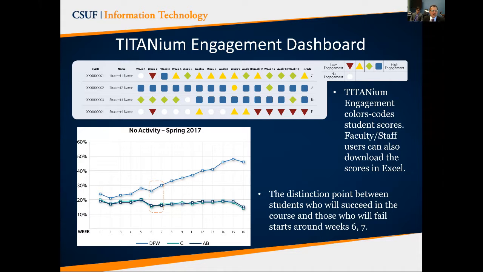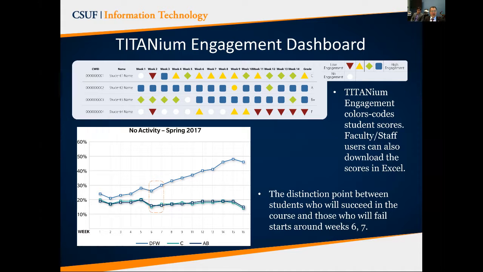That means the student did not log in during the first week. The student logged in on the second week, but it was red, meaning the engagement was very low compared to others. In week 3, you can see it was blue. As you can see on the scale on the right, high engagement is blue, low engagement is red, and no engagement is white. So you can see how the student engagement goes.